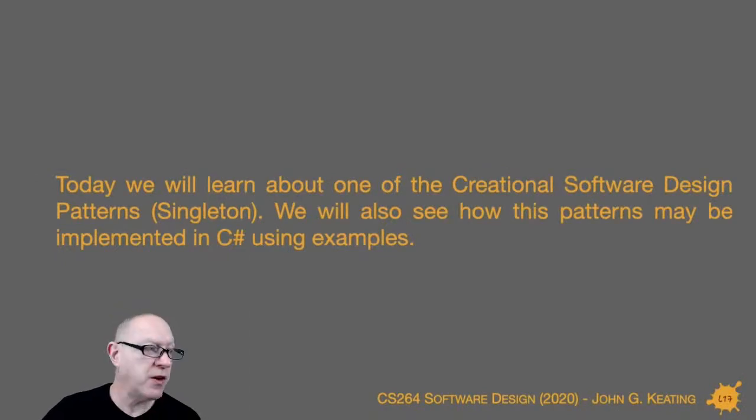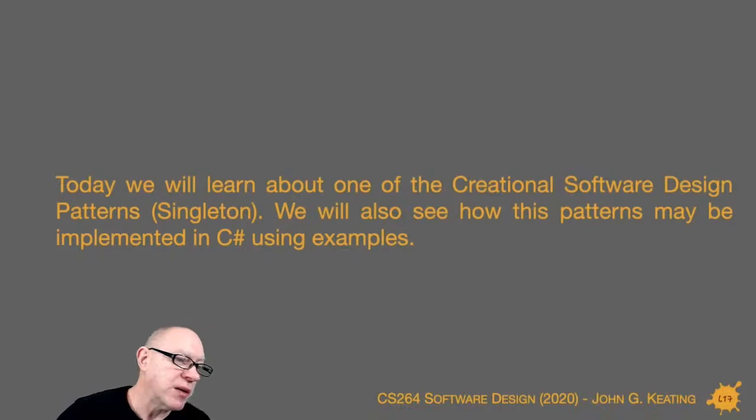So as I said, we're going to learn about one of the creational software design patterns, the Singleton. You've seen me talk about this before, and you could use it in the current assignment that you're working on. You could, for example, have a canvas that's designed to be a Singleton and provides all that functionality, so that you can really only have one canvas and you can't just be randomly creating canvases every time you want to work with it.